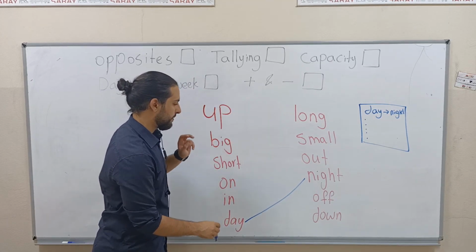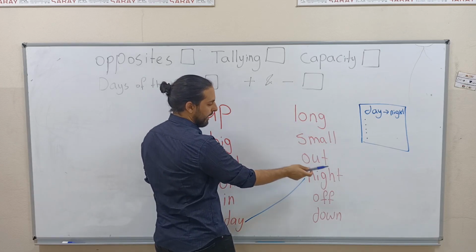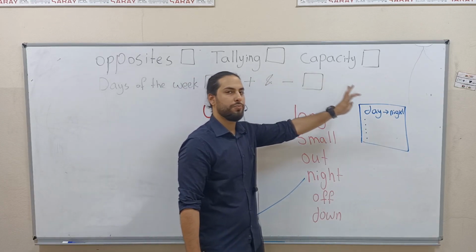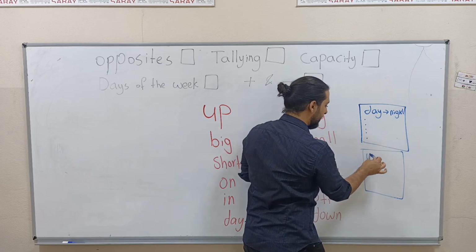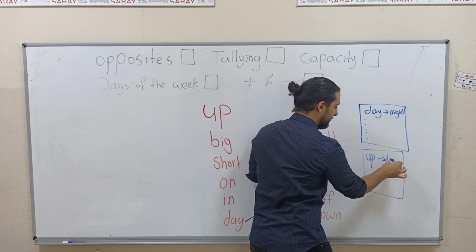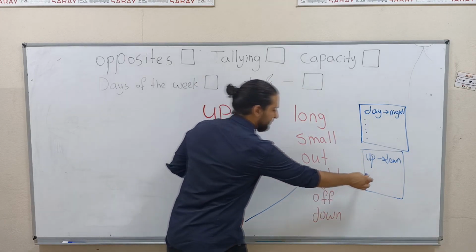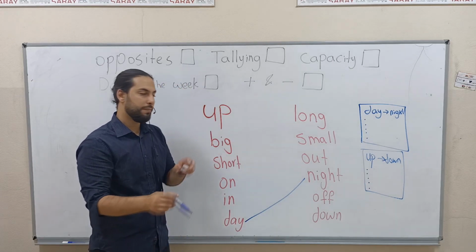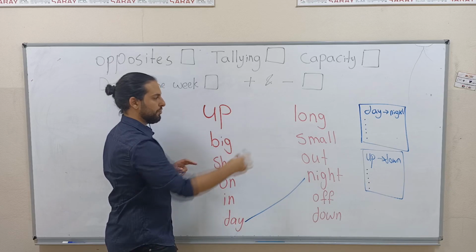So up is the opposite of long, small, out, night, off, or down. In the notebook, write it down on a different paper: up is the opposite of down. And then after they write it 5 times, they can come to the matching exercise and match the words together.